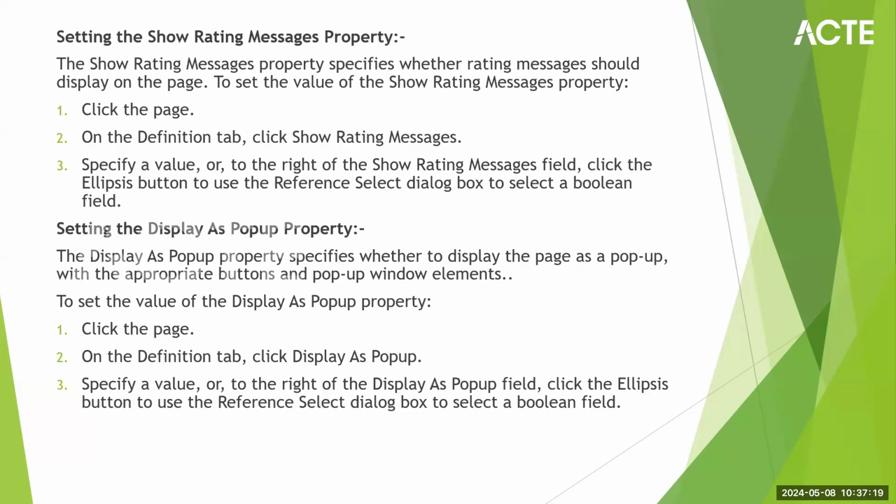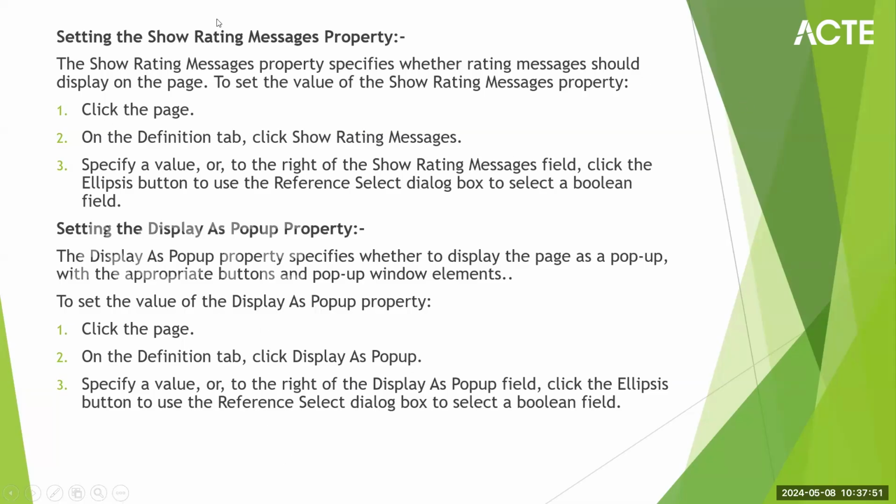Setting the display as a pop-up property. Suppose on click of a particular page, or on navigating to the particular page, a pop-up should appear. Then you can use this condition: click on the page, on the definition tab, click display as a pop-up. For example, while creating a policy, when you navigate to the next screen, the screens will be account screen, rating, issue, bind, like this.